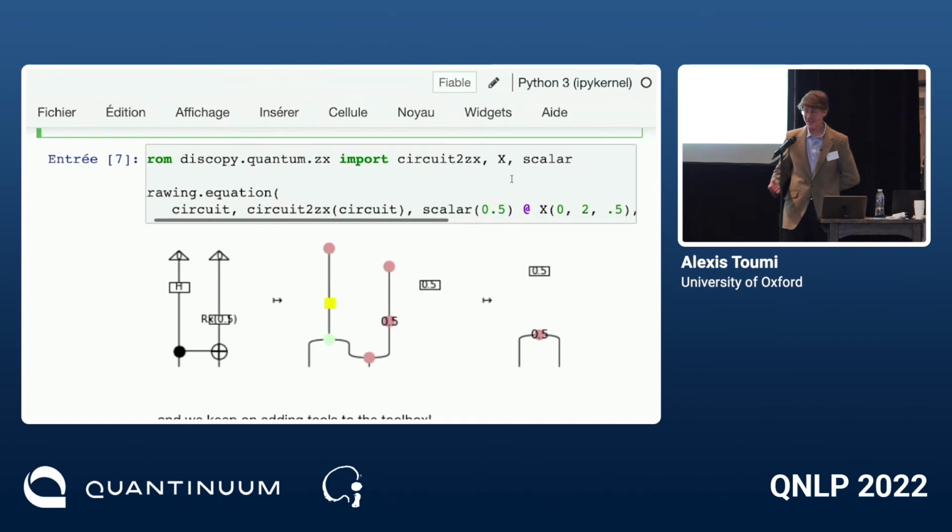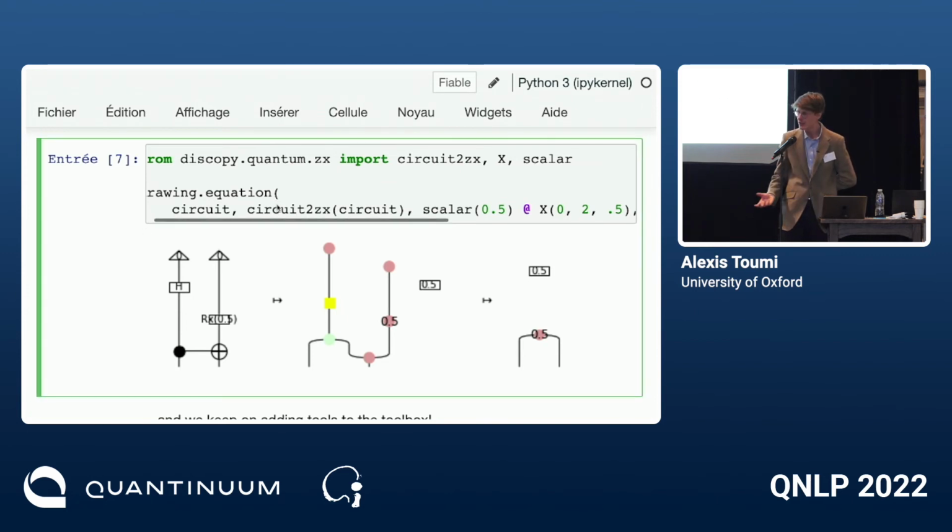You can also draw diagrams for the ZX calculus that Bob came up with and Ross. So you take your circuit and you can replace the gates. So this controlled NOT gate, for example, you replace it by a green and a red spider. And now you can map your circuit to the ZX calculus using DisCoPy.